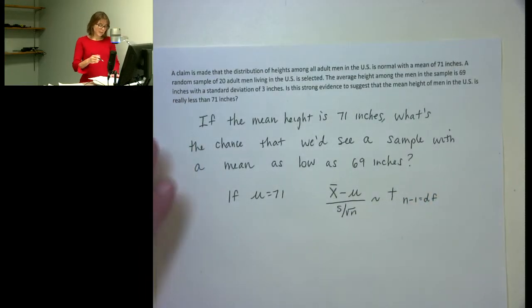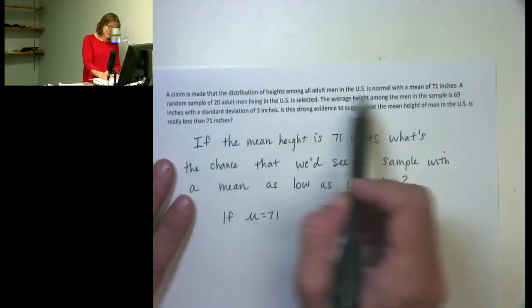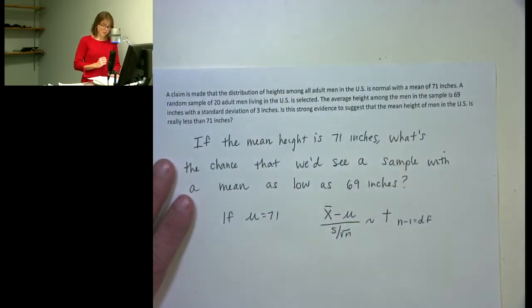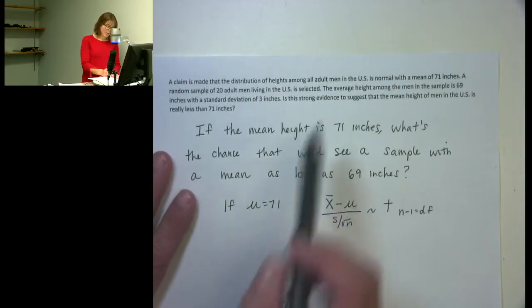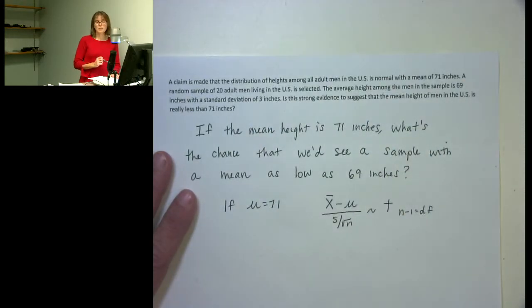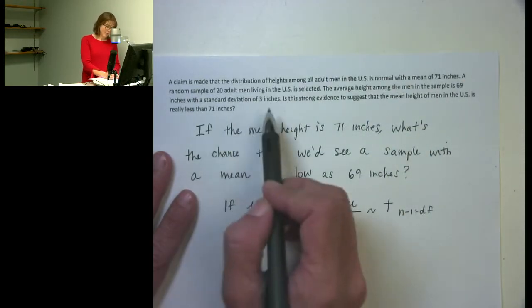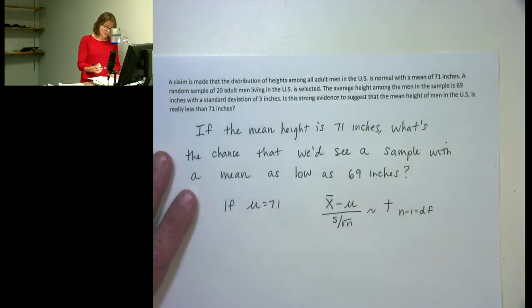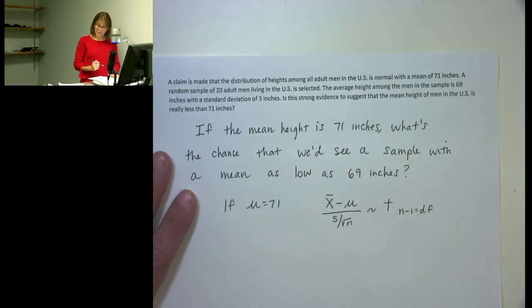And this would be true because we're sampling from a normal distribution. We don't know what the population standard deviation is, but we're given the sample standard deviation, so we're going to need to be using that.